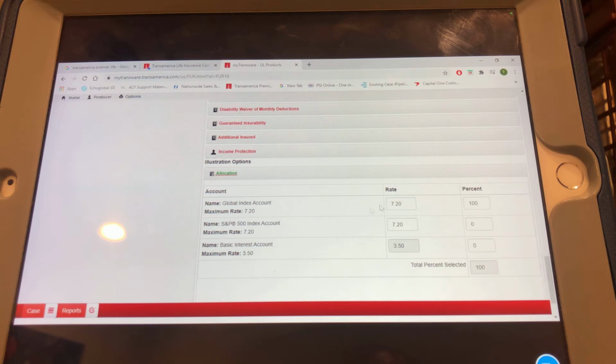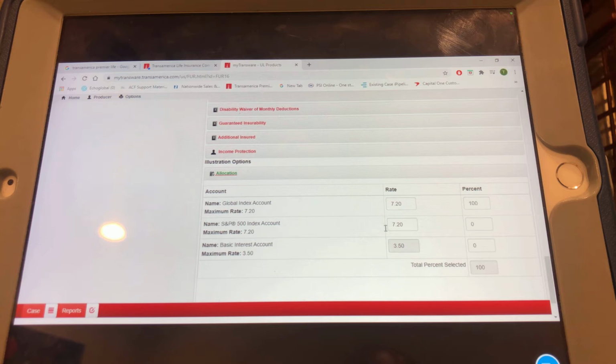Okay? So the global index has the S&P 500 mixed inside of it with other entities as well, like the Hang Seng and the London LIBOR. It's just England's stock market, and the Hang Seng, I believe, is like the Japan stock market. So it's all kind of mixed in there.